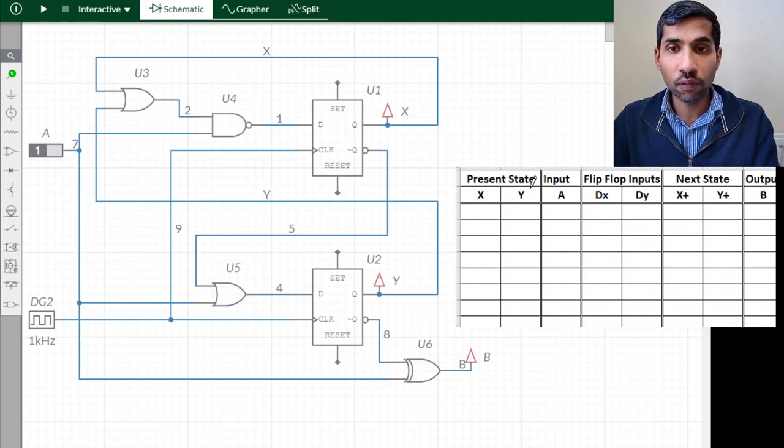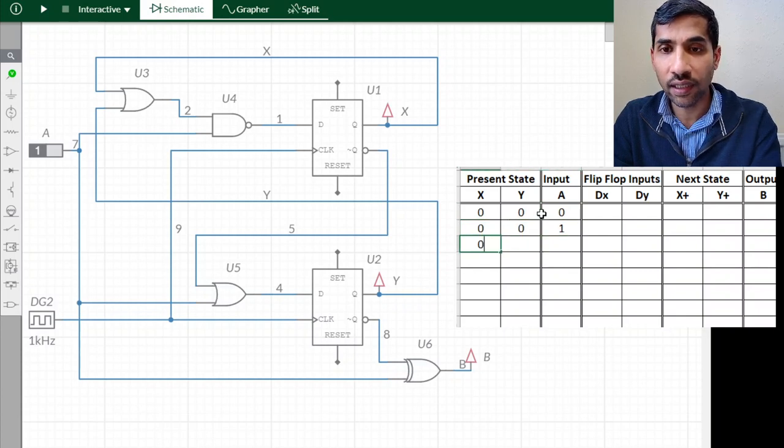So what we'll do is look at these states and fill them up in the truth table that I have here. Let's put all possible combinations of X, Y, and A. So you can have 0, 0, 0. You can have 0, 0, 1.